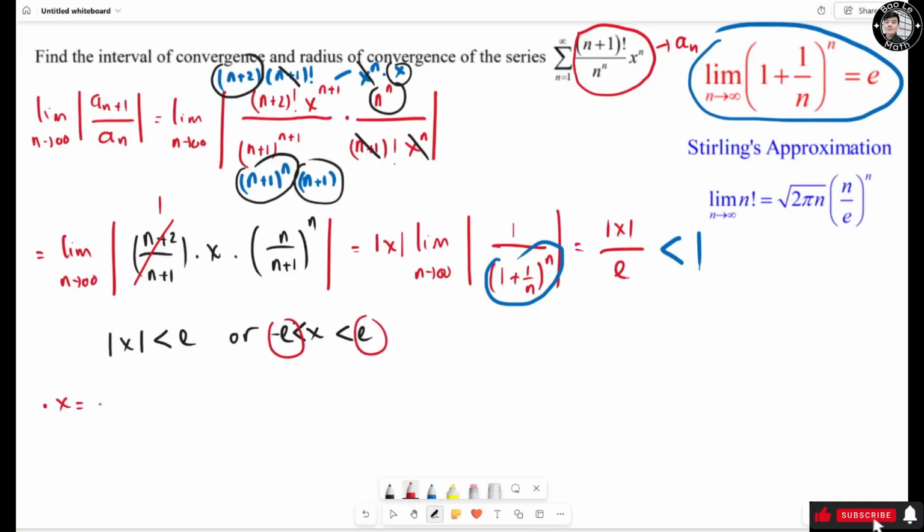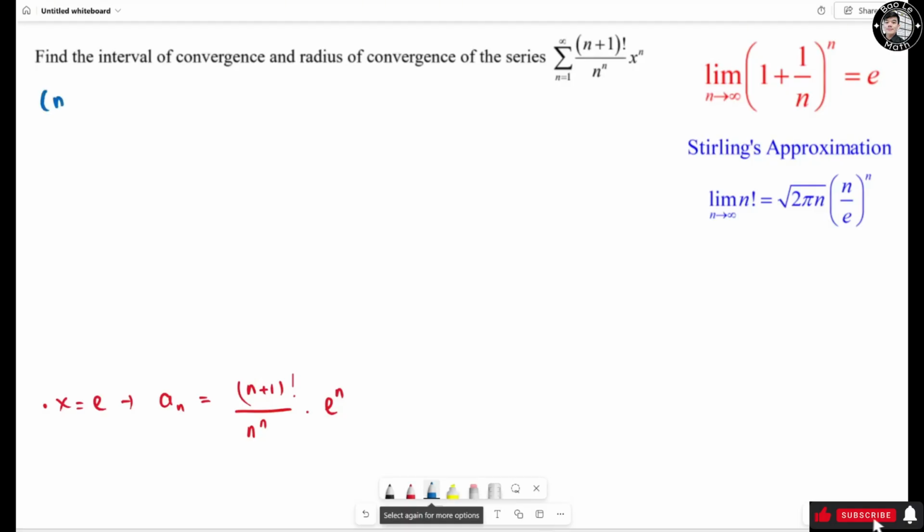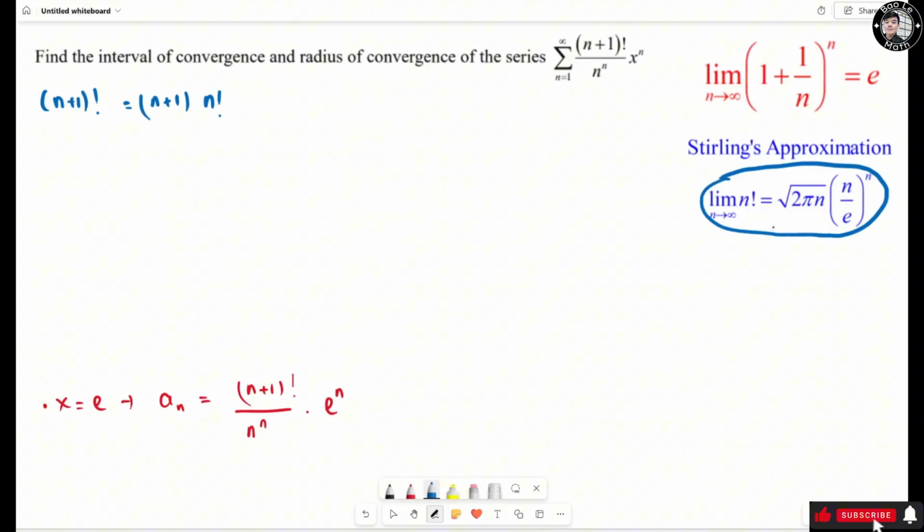So for x equals e, the original series a_n becomes... note that (n+1)! can be written as (n+1) times n!. But n! can be approximated using this formula right here. If you want to learn how to prove this formula, check out the link in the description below. This one is called Stirling's approximation. So it's going to be (n+1) times the square root of 2 pi n times (n over e) to the n.